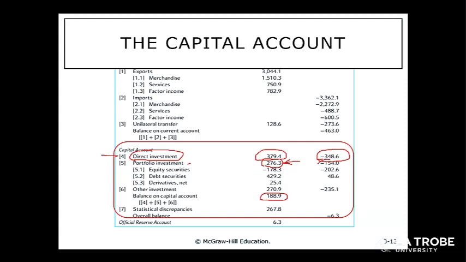And this is how much US investors buy foreign financial assets, okay? So overall, if you add up all the financial transactions for the US in 2015, you will find that they have a positive balance, right? So they have a positive capital account balance, meaning foreign investors invest a bit more in the US than the US invests outside.